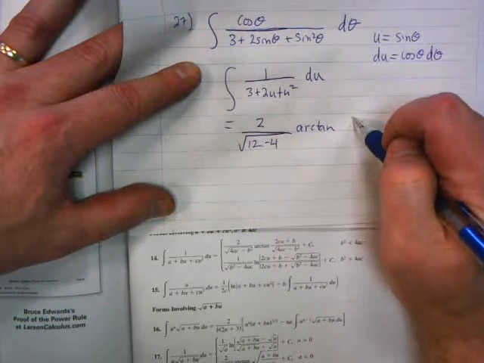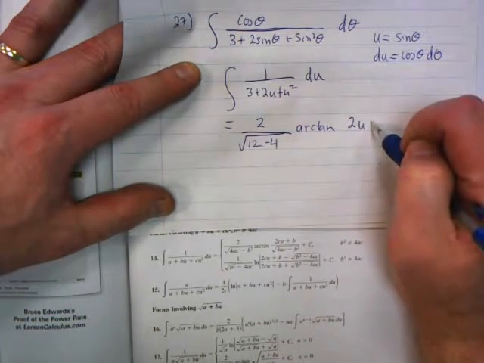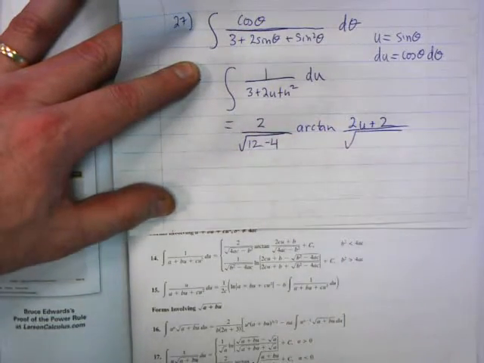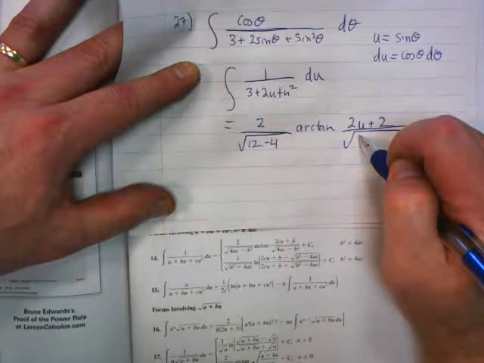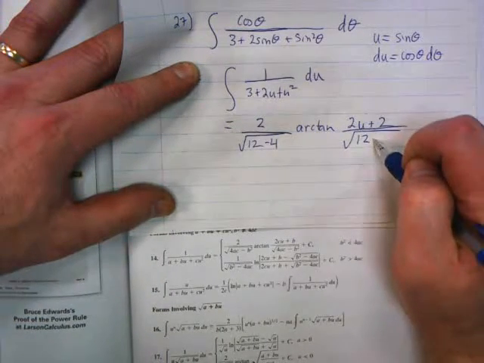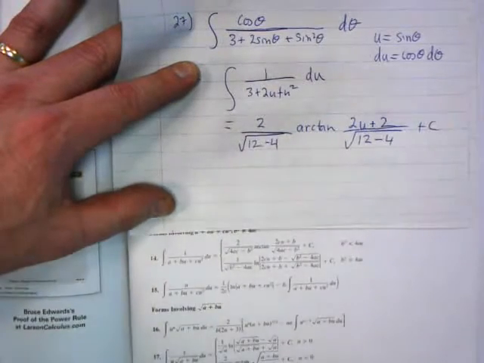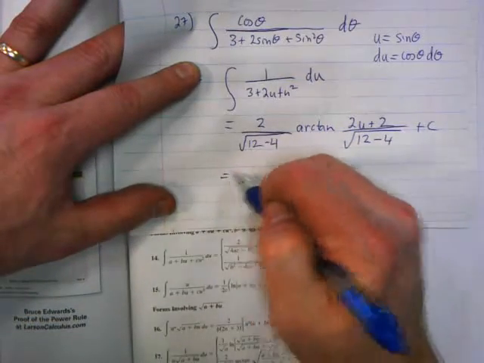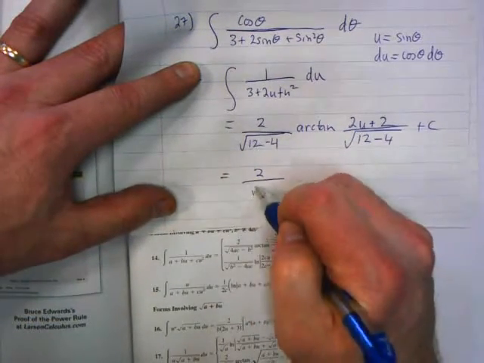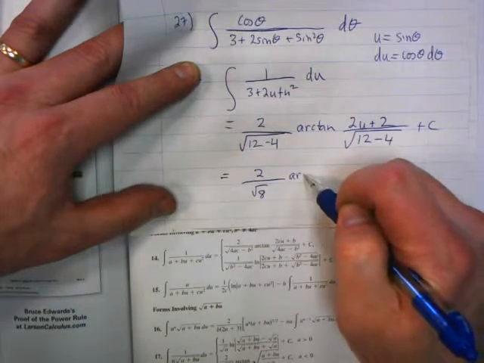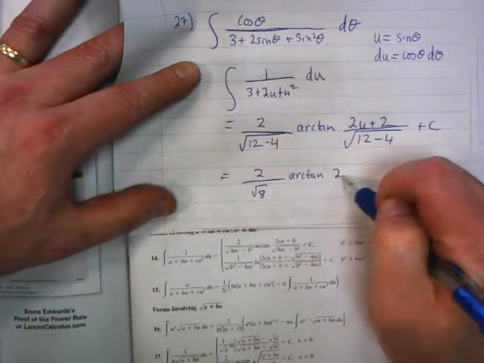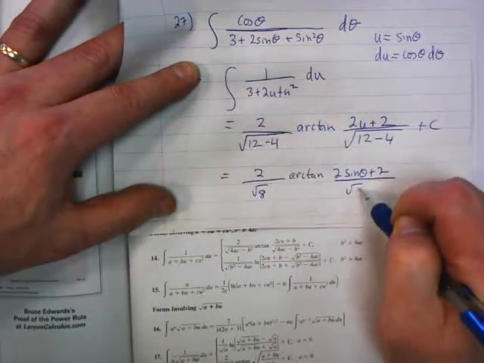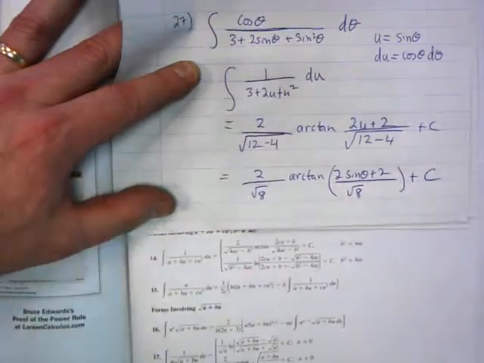C was 1, so that's 2u plus b, b was 2, divided by the square root of 4 times 3, which is 12, minus 4, plus c. That makes the final answer: 2 divided by the square root of 8 arctan of 2 sine theta plus 2 over the square root of 8, plus c.